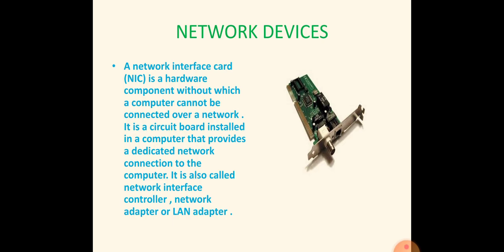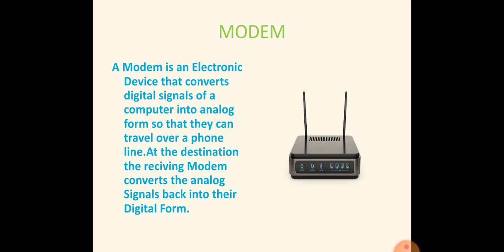So the hardware address uniquely identifies a computer on the network. The next one is the modem, which is also known as modulator and demodulator. It is used for the conversion of the analog signals to the digital and vice versa.